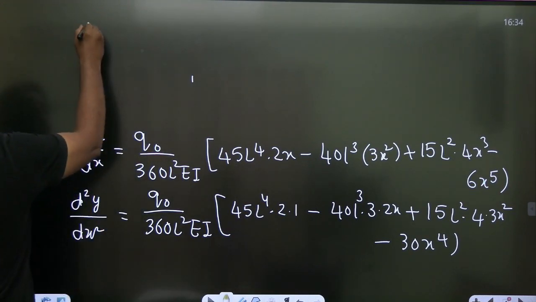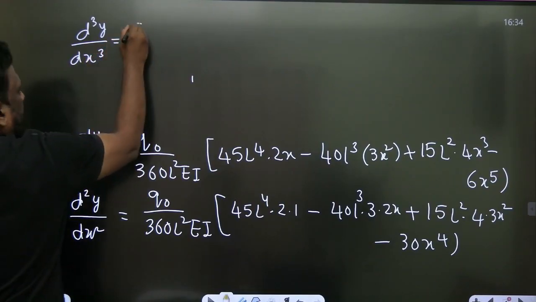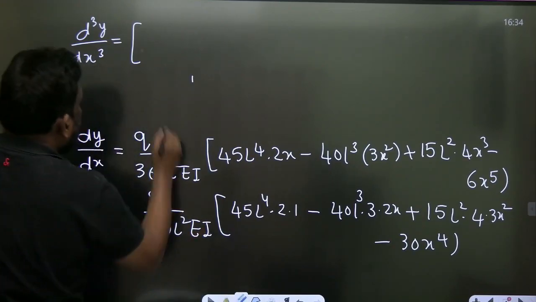So d3y by dx cube is equal to, you further differentiate this. So what do I get?